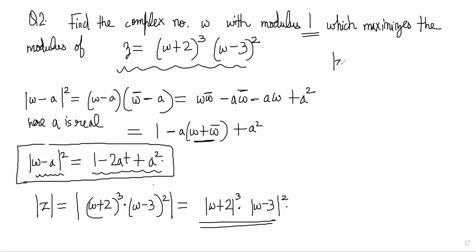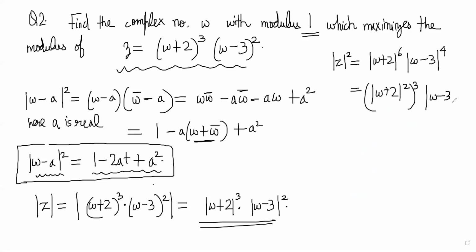So let's calculate instead mod z square, which is w plus 2 mod power 6, w minus 3 mod power 4, right? Now this is w plus 2 mod square whole power 3. This is w minus 3 whole square power square, right? And now I'll apply my result. W minus a mod square is this, right? So here a is obviously minus 2.